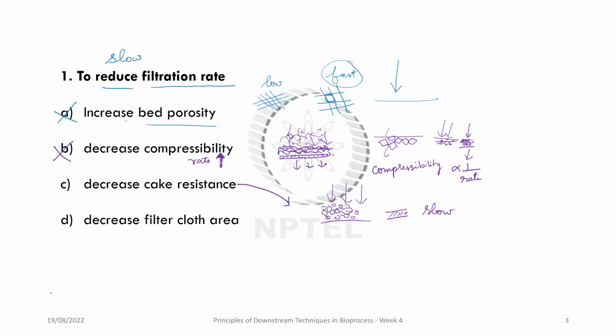Decrease filter cloth area. Obviously, filtration time is proportional to V squared into viscosity.